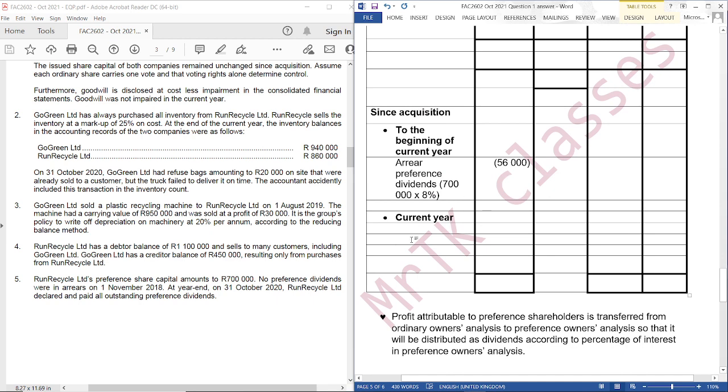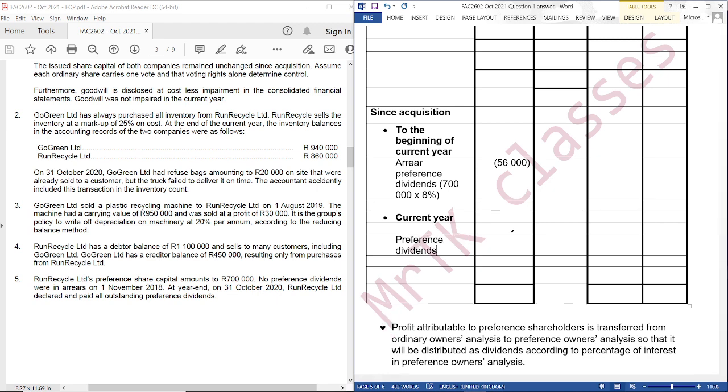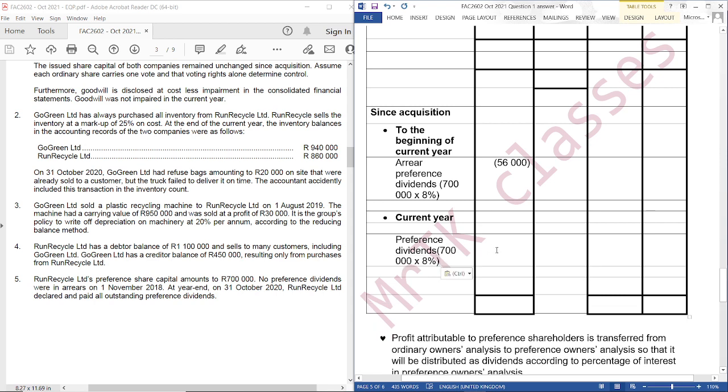For the current financial year, we are going to say preference dividends, right? And how much is that? It's still going to be the same calculation. Sorry, I was supposed to bring that here. Okay, right? 56,000.